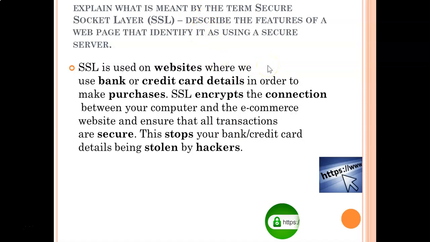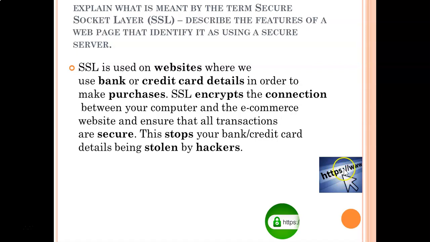So how do we know that websites are using SSL or are a secure website? So in this image over here, if you look at the URL that you're using, so if you type in www.google.com or Facebook, etc., usually if it's a secure website that deals with information like your passwords or usernames or your banking websites, it should have HTTPS in the beginning.